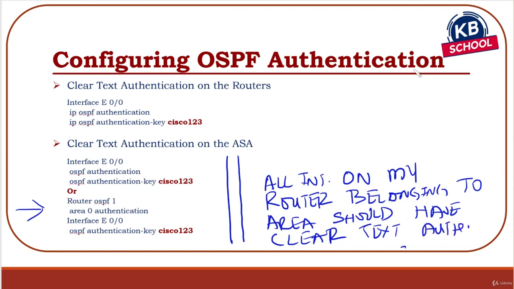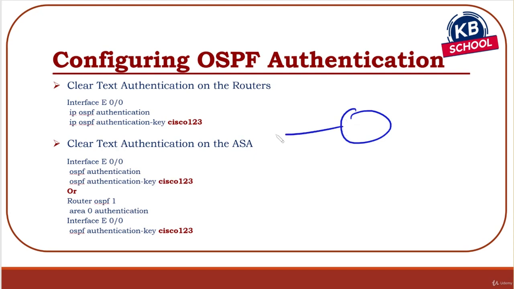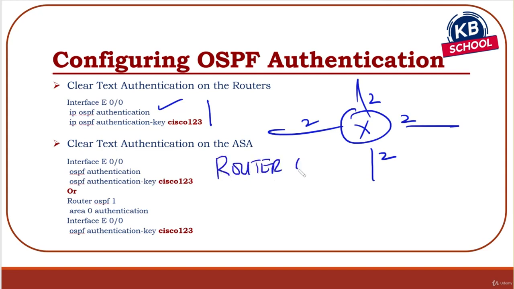How does it help? Let's say I had 4 interfaces on my device, all in the same area, area 0. So rather than doing 2 commands here, 2 commands here, 2 commands here, 2 commands here, in which one of the commands is common, which is specifying the authentication method, I could put a command under the OSPF process saying all interfaces belonging to area 0 should be authenticated based on clear text, and then instead of doing 2 commands under each interface, I would just do 1.